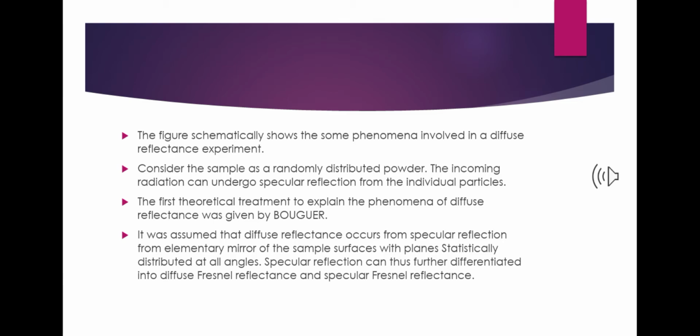It was assumed that diffuse reflectance occurs from specular reflection from elementary mirrors of the sample surface with planes statistically distributed at all angles. Specular reflection can thus be further differentiated into diffuse Fresnel reflection and specular Fresnel reflectance.